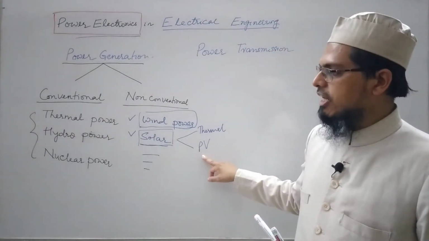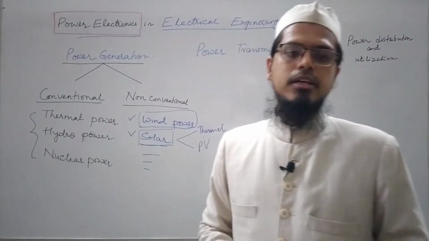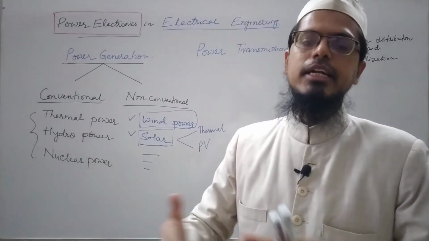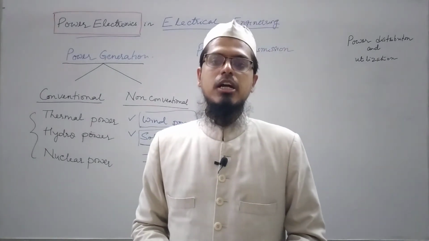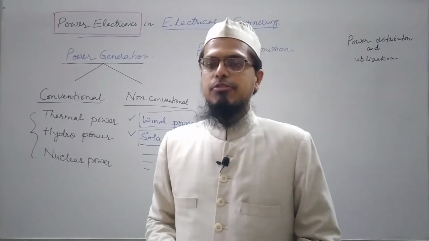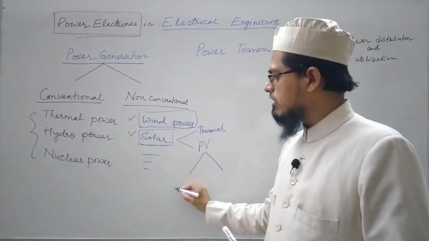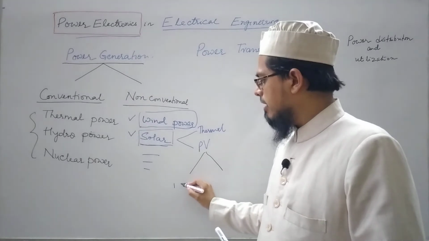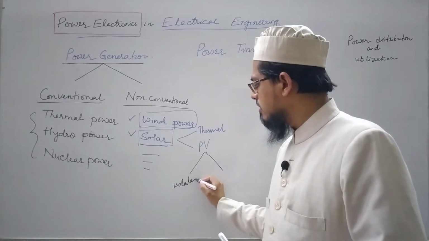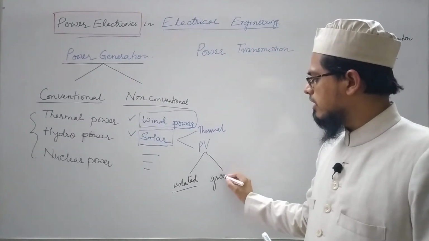In solar photovoltaic power plants, when light falls on solar PV panels, it generates DC electricity. Lots of these panels are connected in series and parallel, and a significant amount of power can be generated by them. They are either utilized locally, which is what we call the isolated way of using solar PV electricity, or the other way is grid connection.